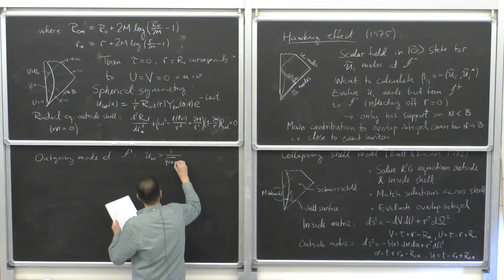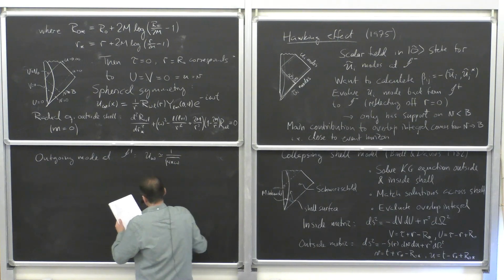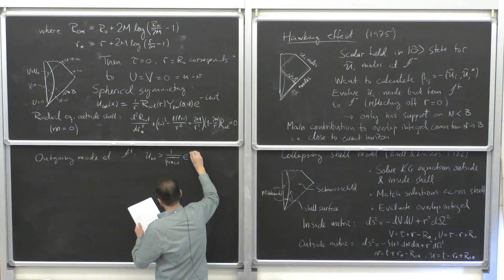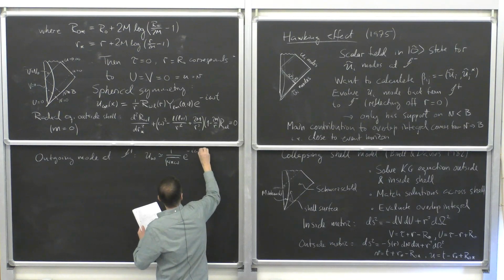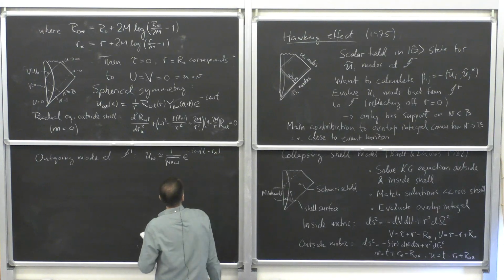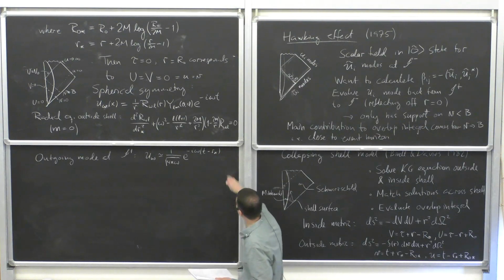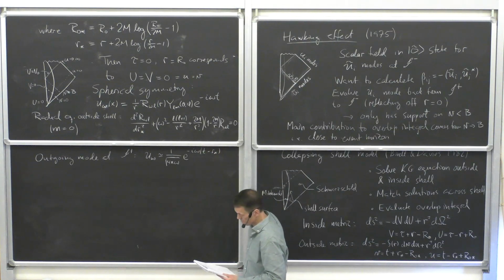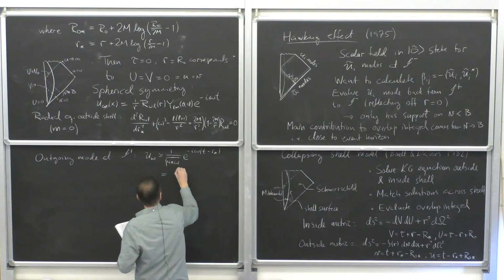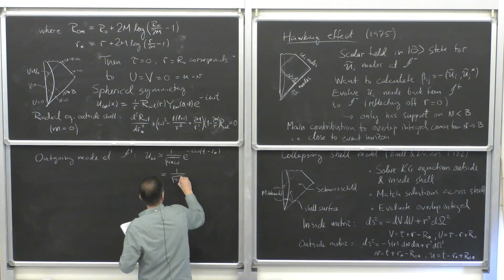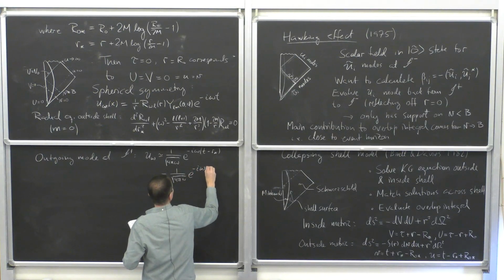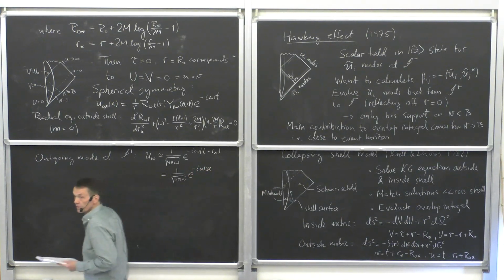A normalization is given here, and I have an e to the minus i omega (t minus r star), right? This is an outgoing mode, which of course I can also write as an e to the minus i omega u, right?